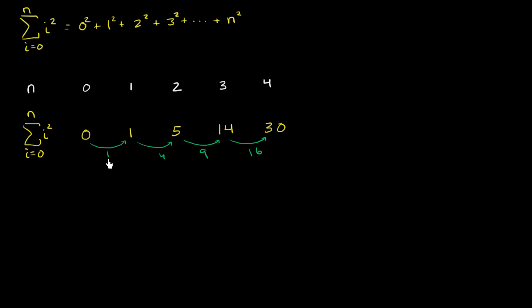So the difference here is 1, the difference here is 4. So the difference between those is 3. The difference here is 5. The difference here is 7. So even the difference of the differences is increasing. But if this is a cubic function, then the differences of the difference of the difference should be constant. So let's see if that's the case.